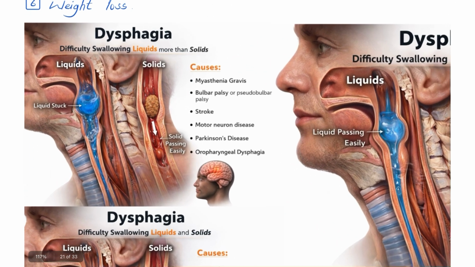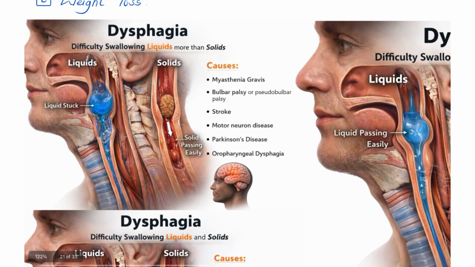Now, causes of dysphagia to liquid more than solid are like myasthenia gravis, bulbar palsy or pseudobulbar palsy, stroke, motor neuron disease, Parkinson disease, or oropharyngeal dysphagia.